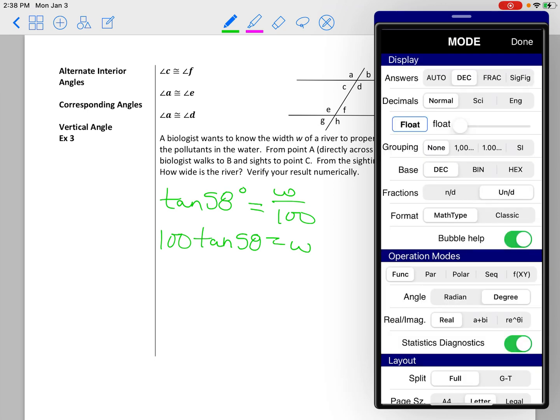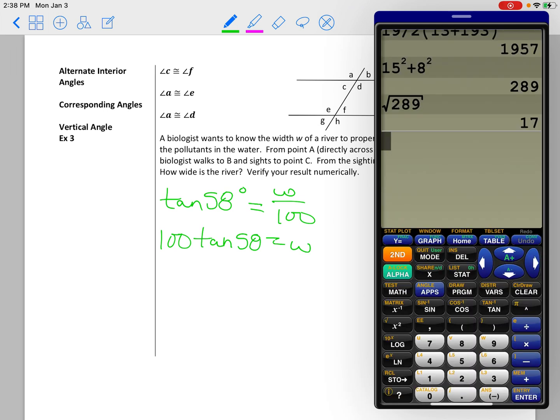Make sure your calculator is in degrees. Okay. So I want 100 tan of 58. And that gives me 160.0334.